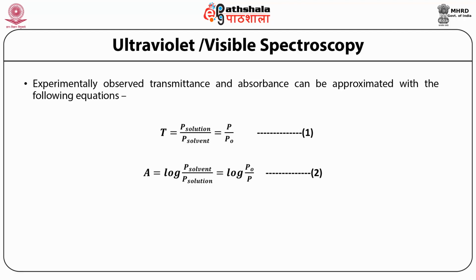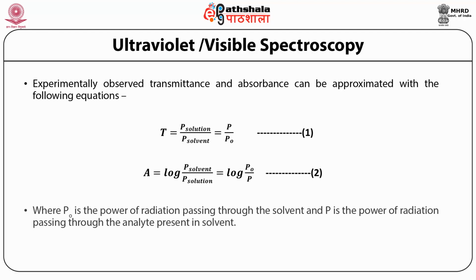This is equal to log of P0 by P. This is equation 2, where P0 is the power of radiation passing through the solvent and P is the power of radiation passing through the analyte present in the solvent.